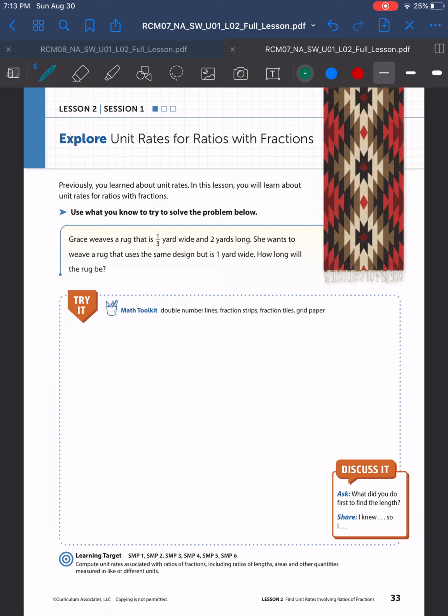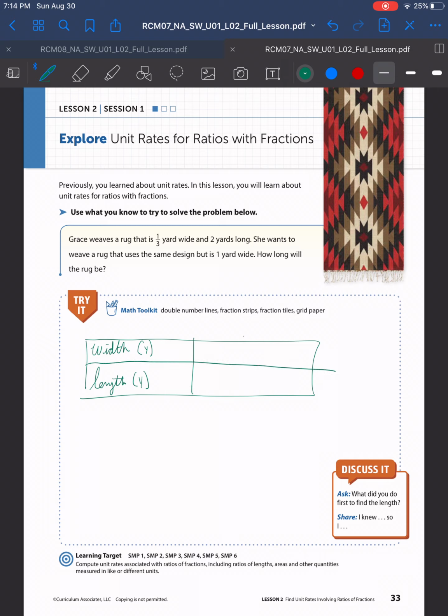Okay, so I'm going to make a little chart here. I'm going to say this is width in yards, and this will be her length in yards. Okay, so let's say that the rug is 1/3 yard wide.